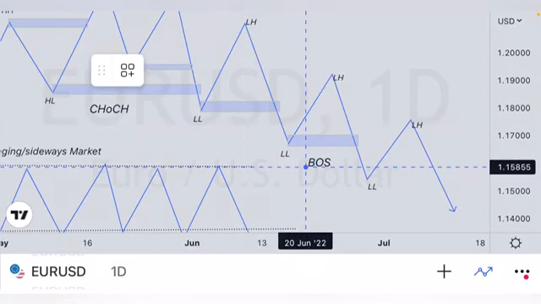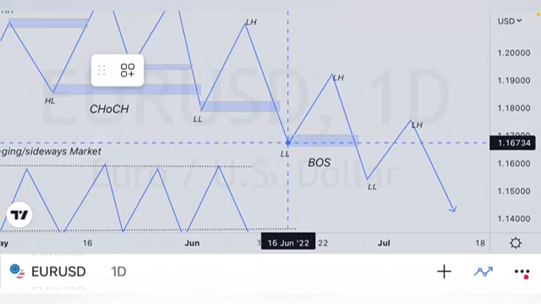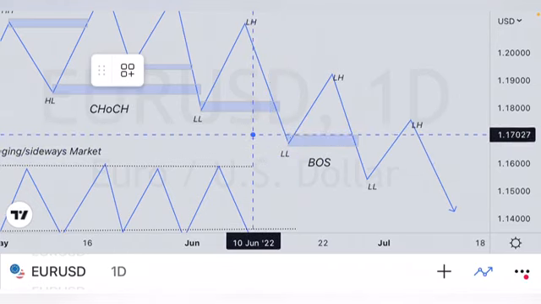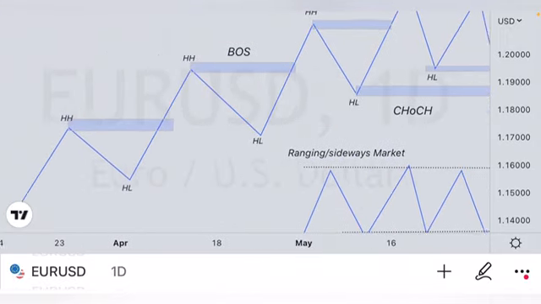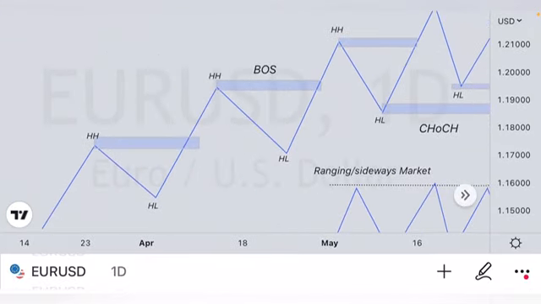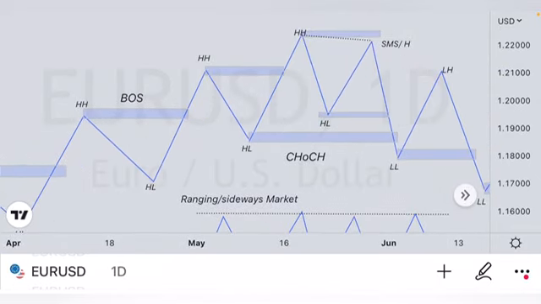So what's the confirmation? The next thing is the confirmation. You can't just start buying or selling from anywhere in the market, even though you know the market structure as I taught you right now. The confirmation is always choke. Market structure choke is what gives us an edge to trade.